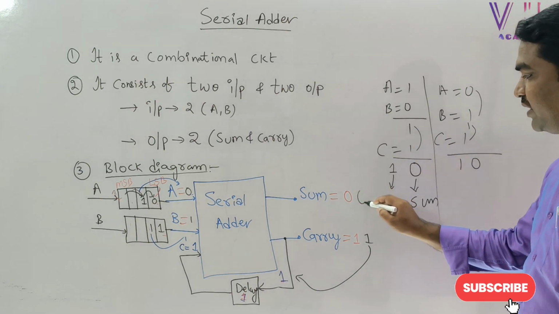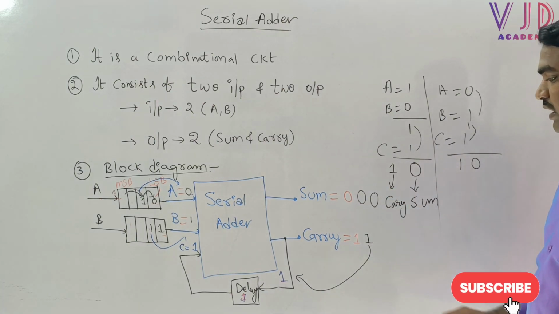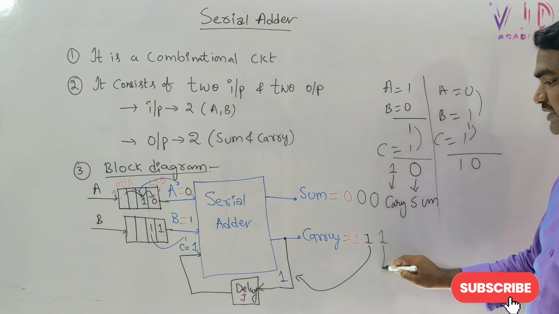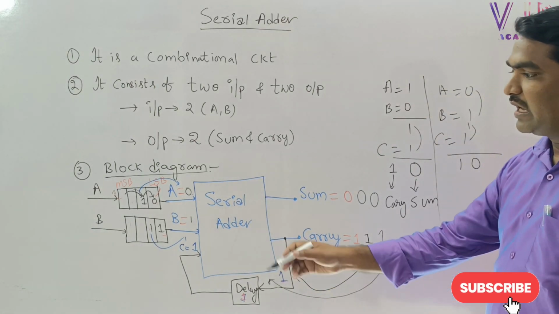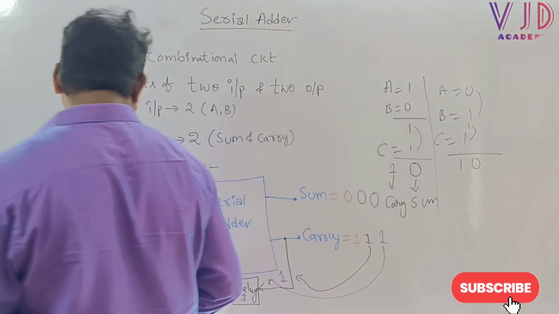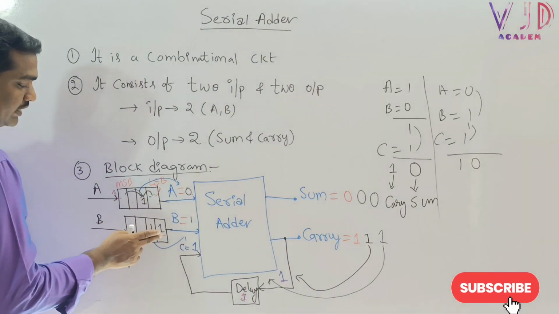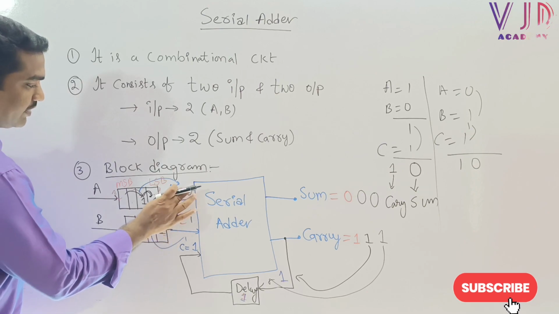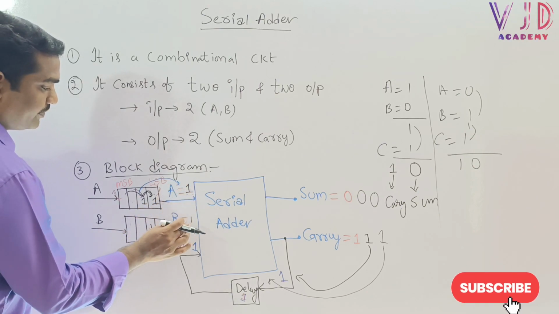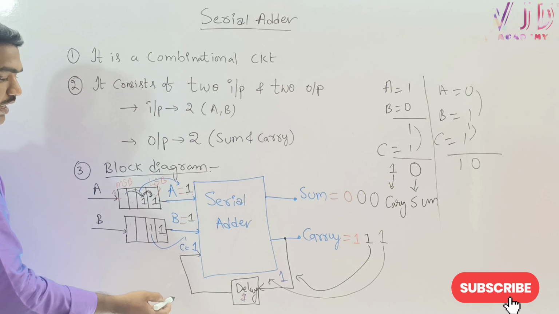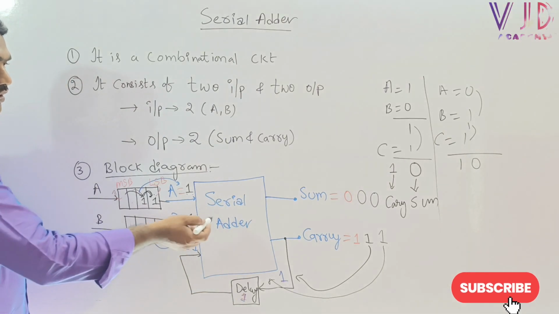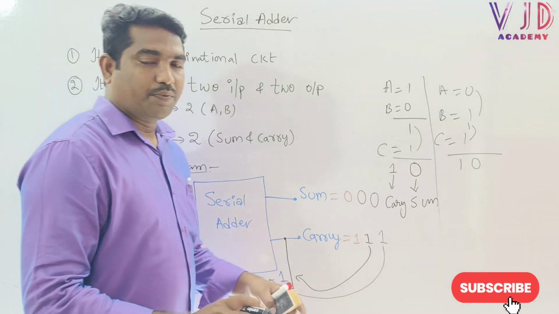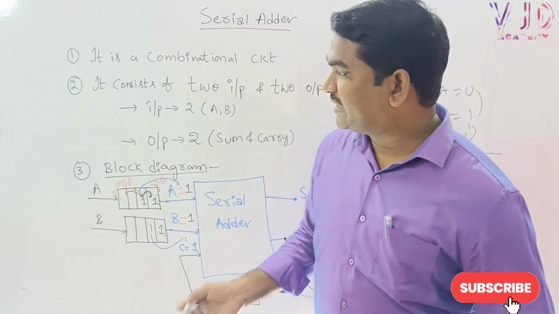Again here sum output is 0 and again carry is 1. This carry will go here, and now again we will apply the final output. Again this 1 will shift here, 1 1. Here A equal to 1 and B equal to 1 again, and here carry is 1. Now there is an addition. This is the process of how we can do a serial addition.